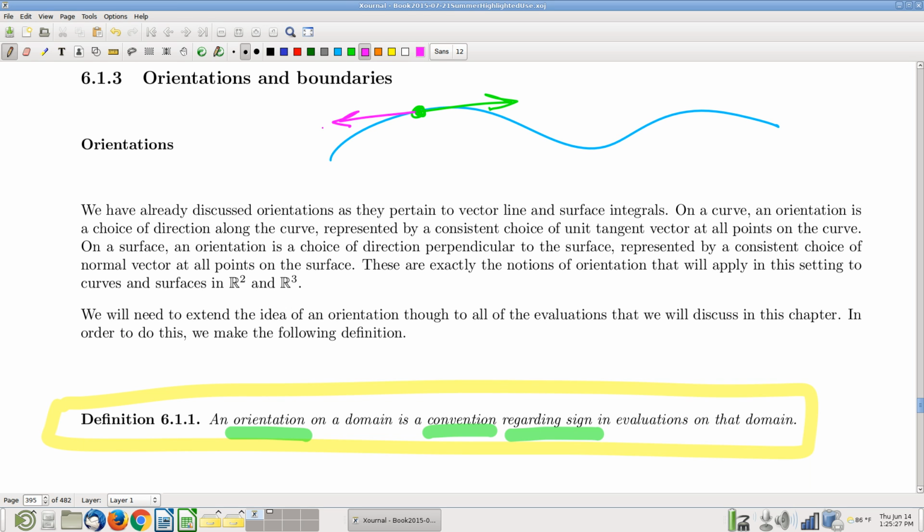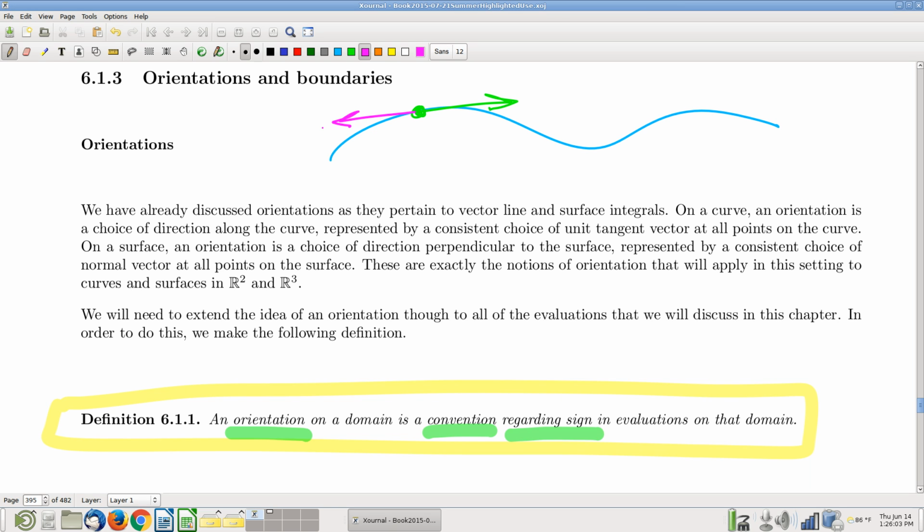So we thought of the orientation in a geometric way, and that's very appealing, and I'm not trashing that. It's a good way to think about orientations on curves. Think about it as tangent vectors. Conventions aren't tangent vectors. But you can also think of it as, look, there's this one line integral, and whether I pick the blue, the purple or the green orientation, it just tells you whether you do or don't get a minus sign in some sense. So it's a convention regarding sign.